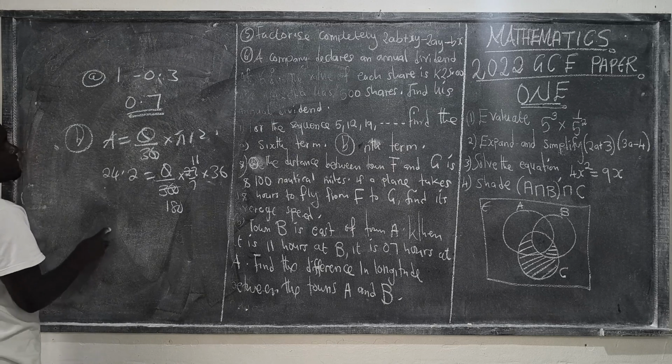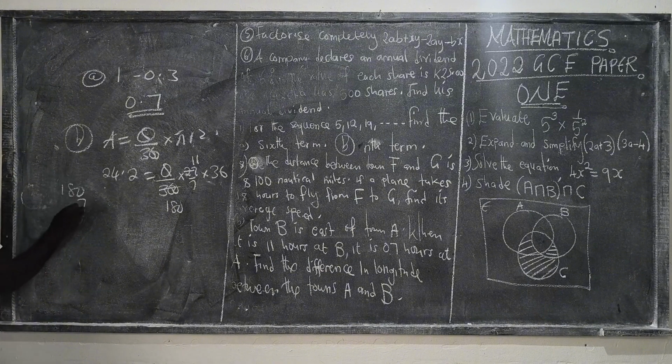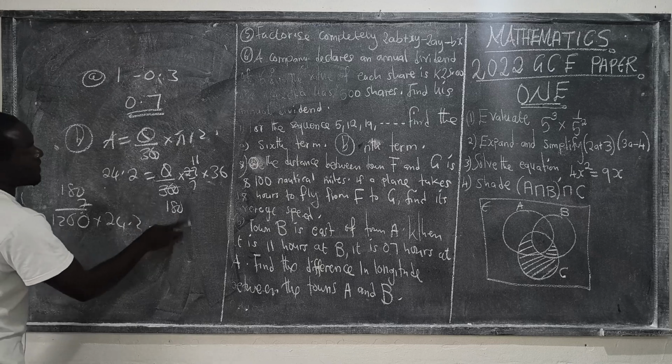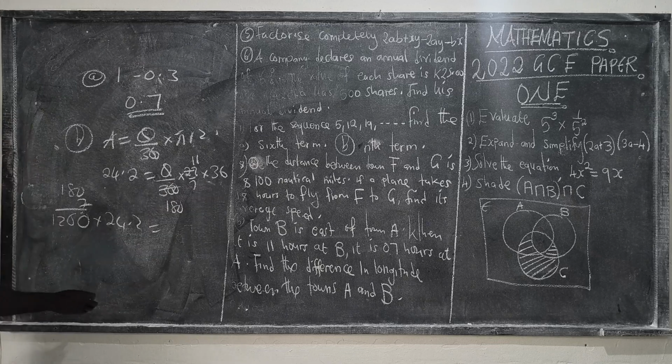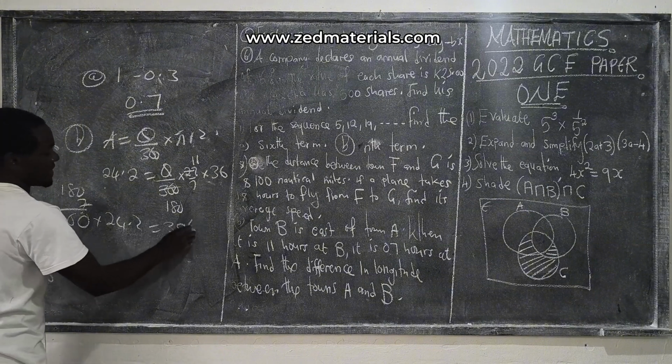Then multiply by 7, so I can just say 180 multiplied by 7, this is 1260 multiplied by 24.2 is equal to, then here you're going to have 11 multiplied by 36, that is 396, so you have 396 theta.